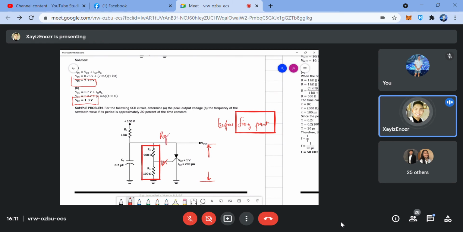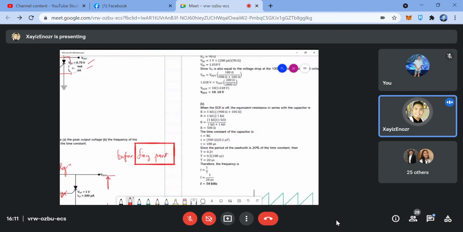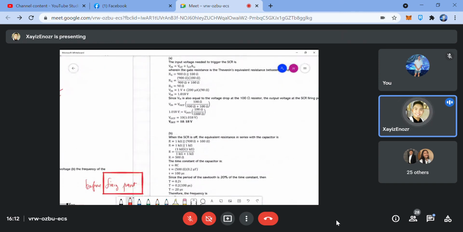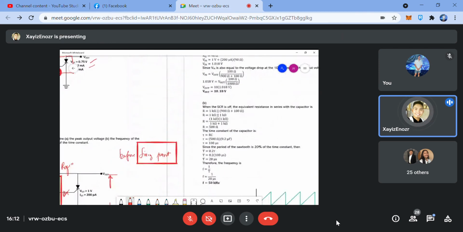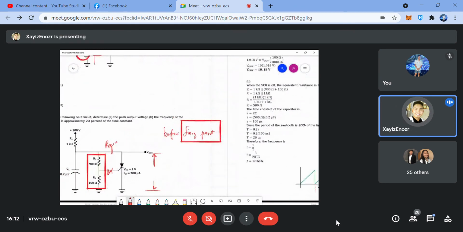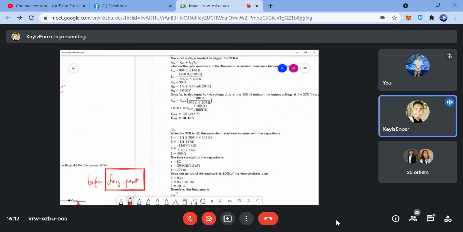Paano mo kukunin? Since sa gitna ka kukuha ng equivalent resistance, para lang yang may dalawa kang parallel na resistors na 900 tsaka 100 ohms. So 900 parallel with 100, that will be 90 ohms. Okay? Yun yung RG natin.